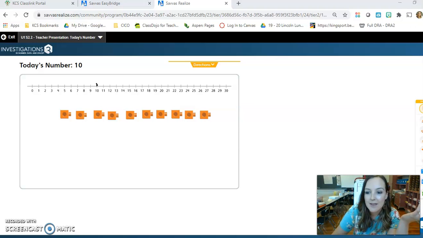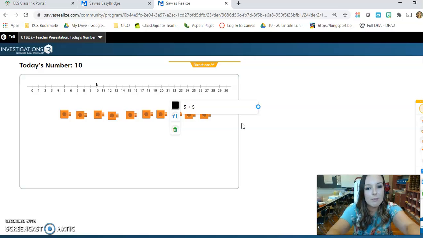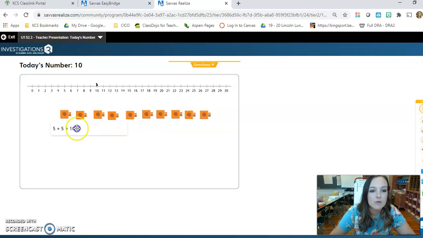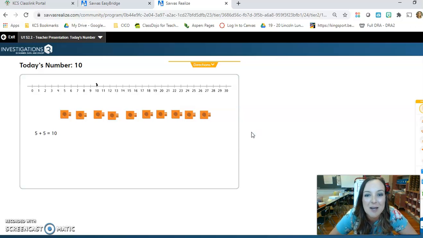So I can add that on here as an equation. So 5 plus 5 equals 10. All right. So I'm going to add that there. That's our equation. 5 plus 5 equals 10. Oh, that was an easy one. That's called a doubles because 5 and 5 are the same number. So we add it twice. So we call these facts doubles.